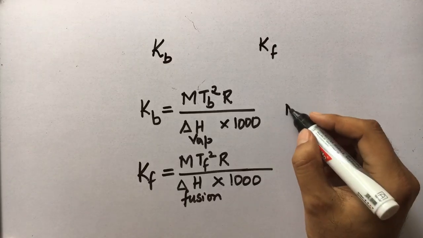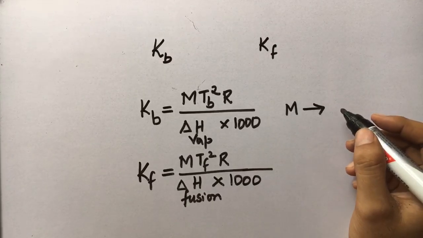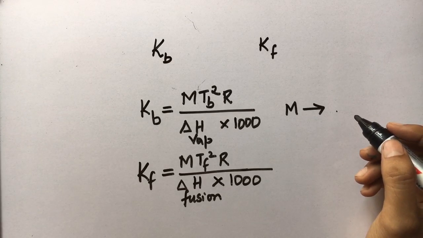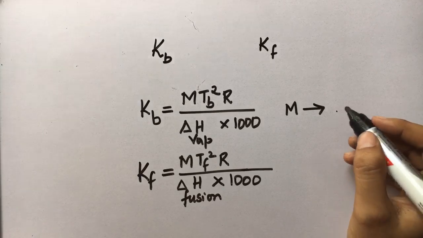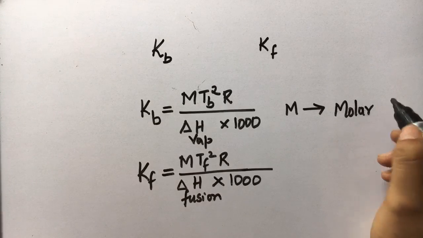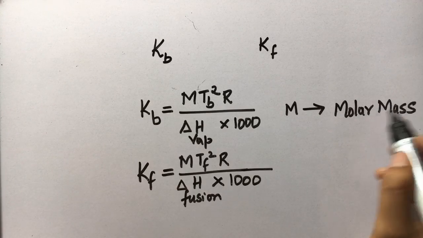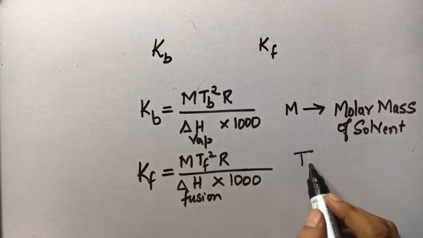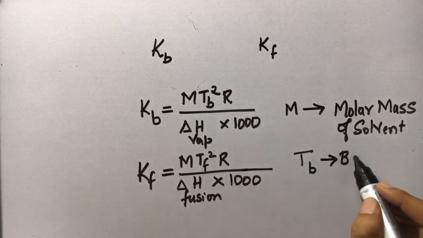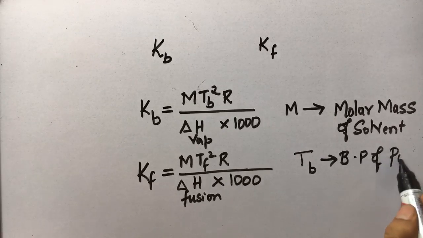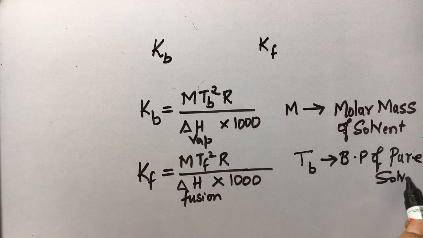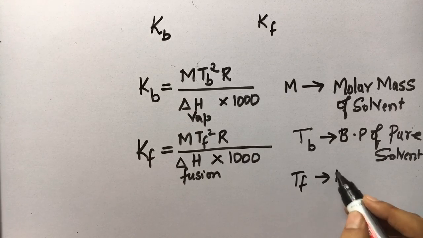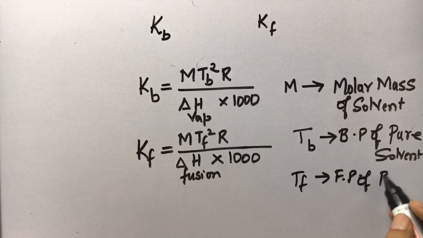Now you should know what is M. M is the molar mass of the solvent. And remember here Tb stands for boiling point of pure solvent, Tf stands for freezing point of pure solvent.